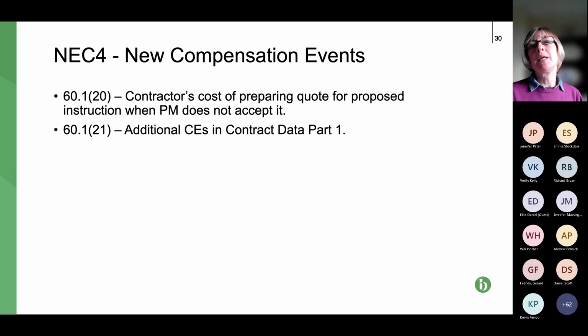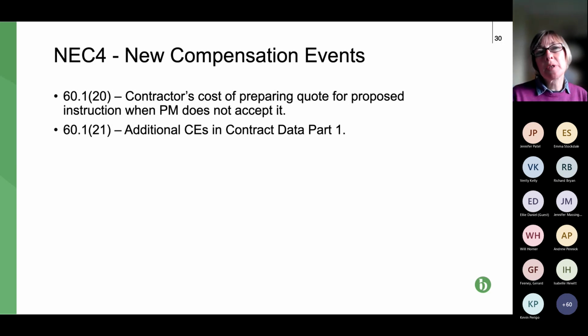Now, if the PM then says, well, thanks for that quote, but we're not going to proceed, this CE allows the contractor to price and be paid for the cost of providing that quote. So it's quite discrete, and I wouldn't imagine that it's going to be huge money, even if it's for a big item. 2 or 3 days for a QS to provide a quote, even for a big item, is not going to amount to huge claims.